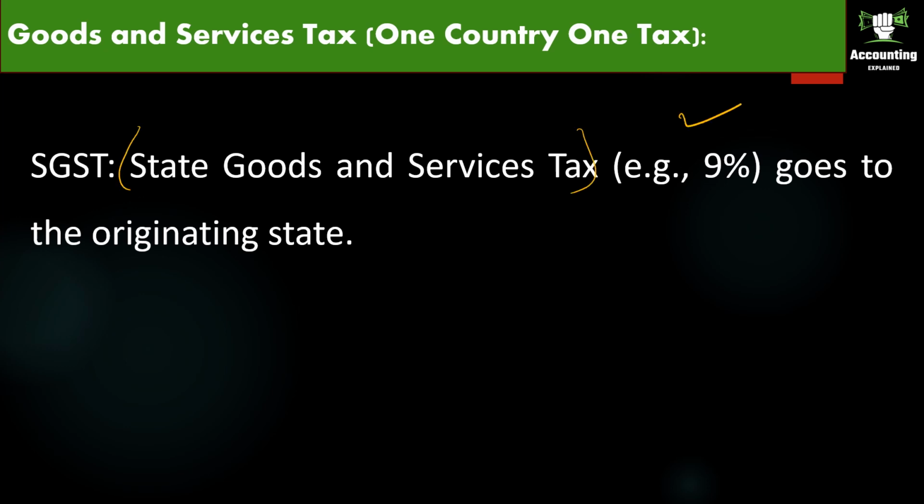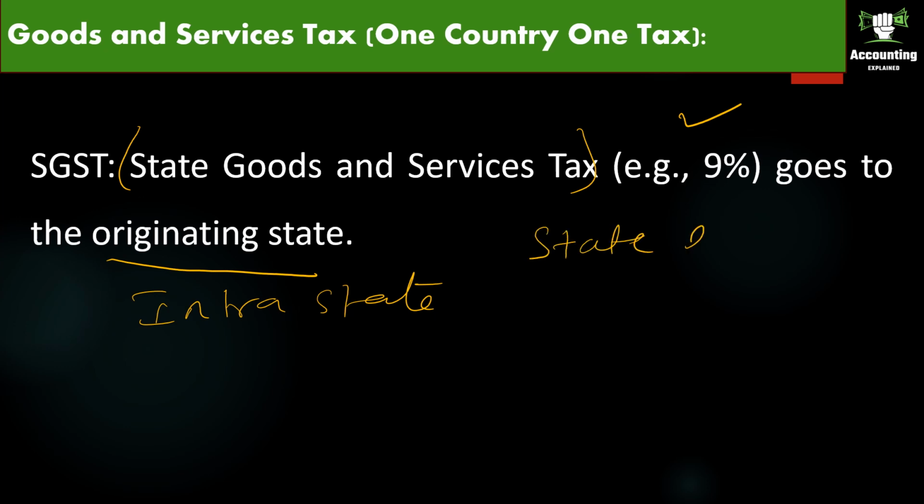We will take 9% as the tax levied by SGST, which goes to the originating state, that is the state from which the goods or services originated. SGST is a tax levied on intrastate, that is within the state, supplies of both goods and services by the state government, and it is governed by the SGST Act. It will include the following taxes.